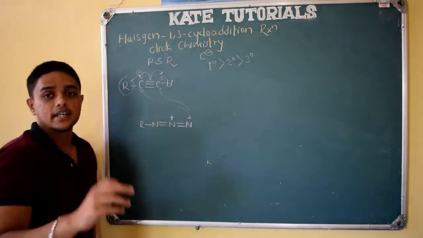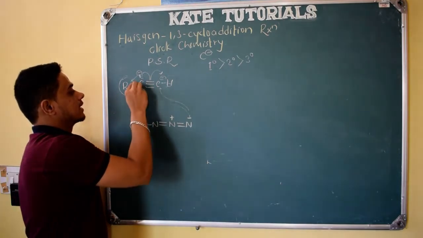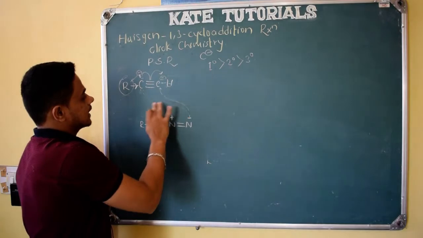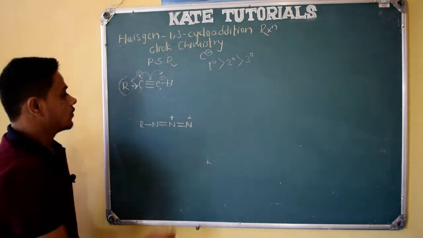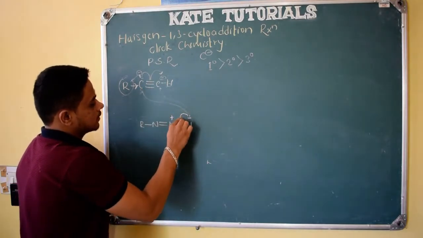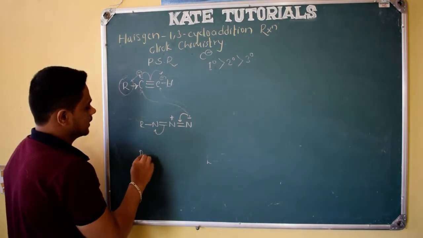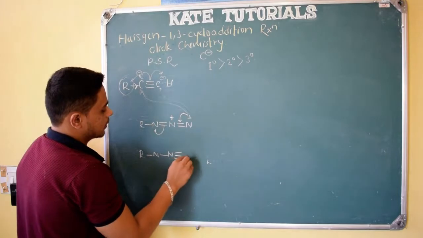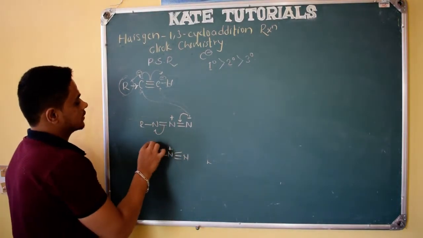Here let me consider R as an electron donating group, like methyl or ethyl, right? So it is an electron donating group. In such a case, the negative charge should attack this carbon, right? We can attack from this side, like this, or the other way: electron density moves here and this nitrogen gets the electron density, so R, N, triple bond N, with positive and negative charges.